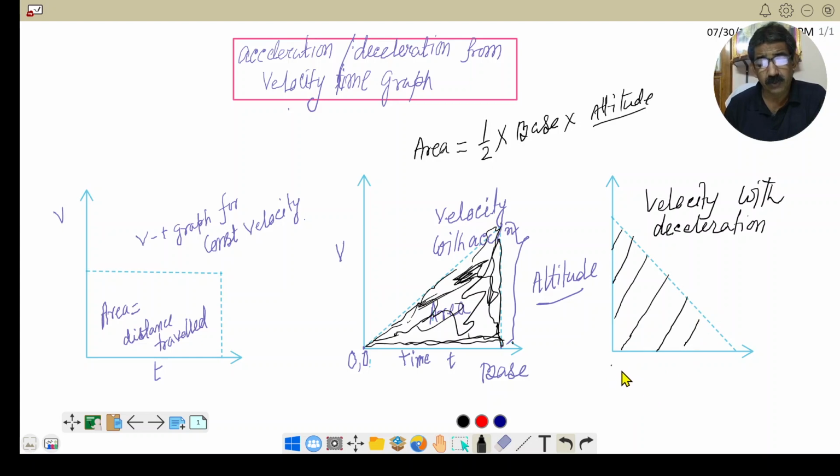And this is also half into base into altitude. Okay.